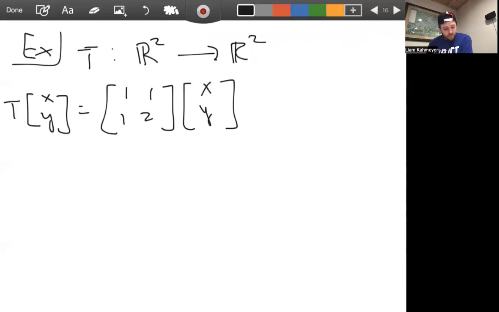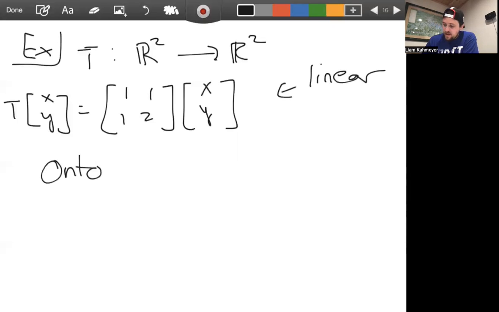And we're given that this is linear, right? It's represented by a matrix. Therefore, it has to be linear because we know that those are one and the same. And let's ask ourselves, is this transformation onto? Is it 1-to-1? And so let's check.